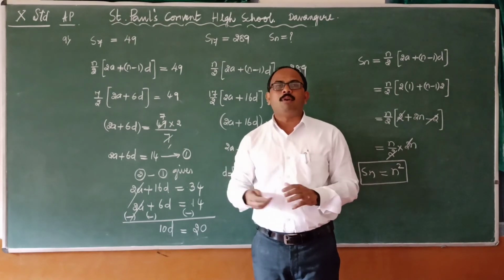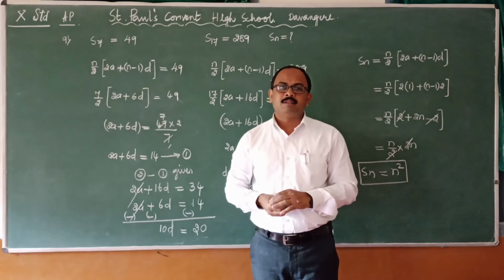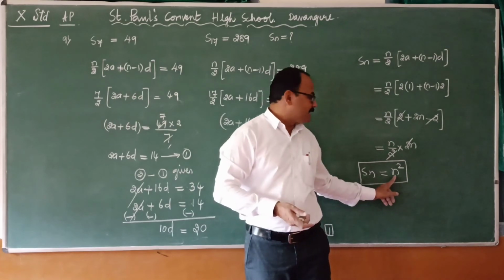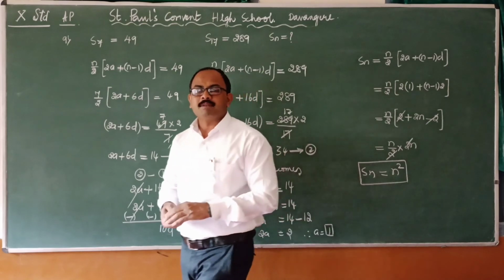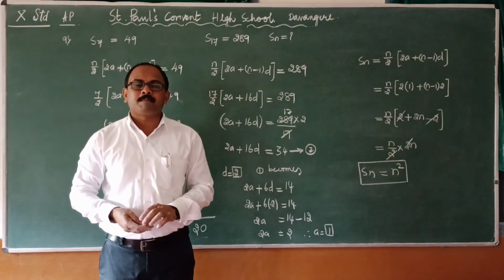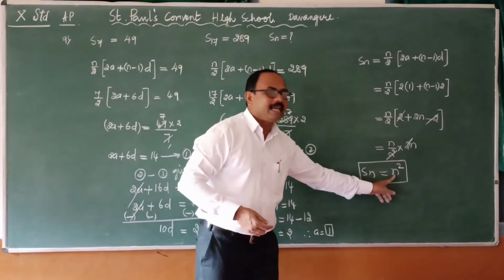Find the value of the first 20 odd numbers. It will be nothing but 20 square, that is 400. The sum of the first 10 odd numbers will be equal to 10 square. The sum of the first 25 odd numbers is equal to 25 square. n is there, no? n square.